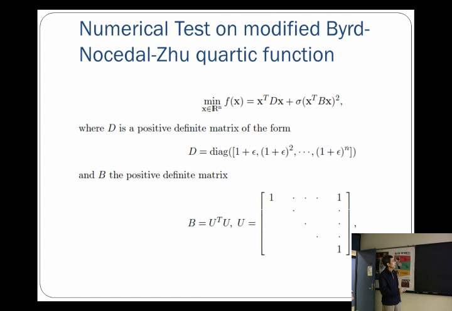B is a partial definite matrix. This is the quartic term, and this is the quadratic term. This epsilon will affect the condition number here. The larger the epsilon, the worse the condition here. And this sigma parameter controls how far this function is from a quadratic. This is a famous test function introduced by Byrd, Nocedal and Zhu in the 1990s.